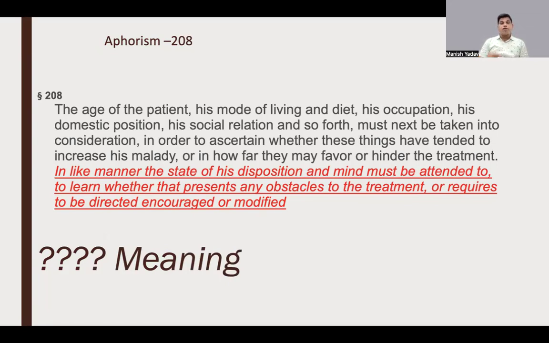In like manner, the state of disposition and the mind must be attended to, to learn whether that presents any obstacle to the treatment or requires to be directly encouraged or modified.